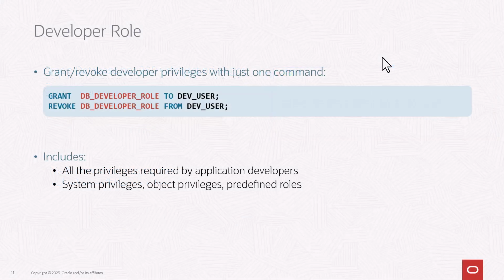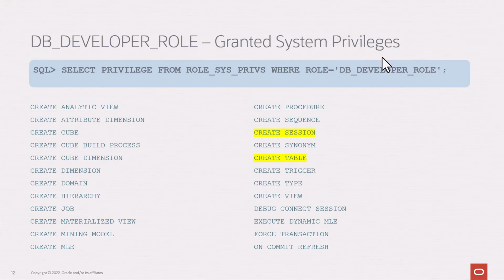So it's a new role that can be granted or revoked by just one simple statement, and it includes all the privileges, system, object, and roles, required to design and deploy an average application.